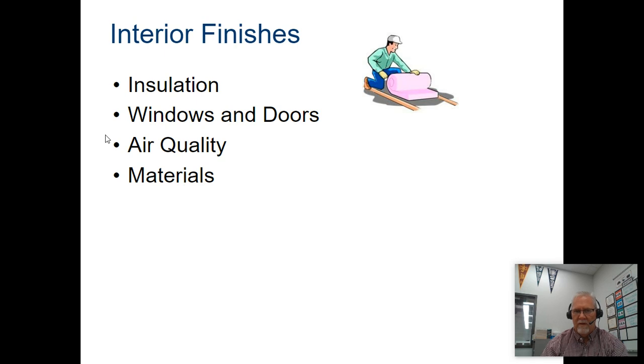So some of those materials might consist of, we look at the insulation image up here, but materials, can we find some recyclable materials for finishing, whether it be countertops or door and window trim, whatever that might be? There are more and more recycled materials out there. I just refinished a room about a year ago, and all the trim around my windows, I was able to find recycled window trim.